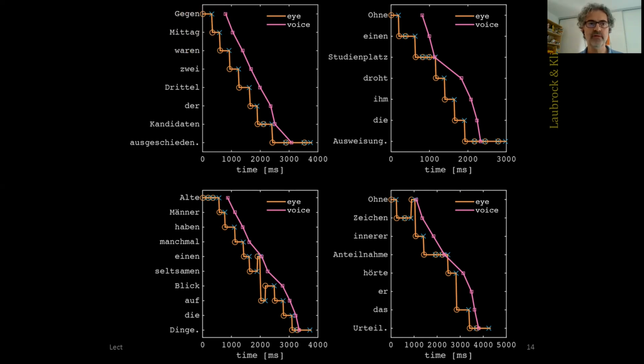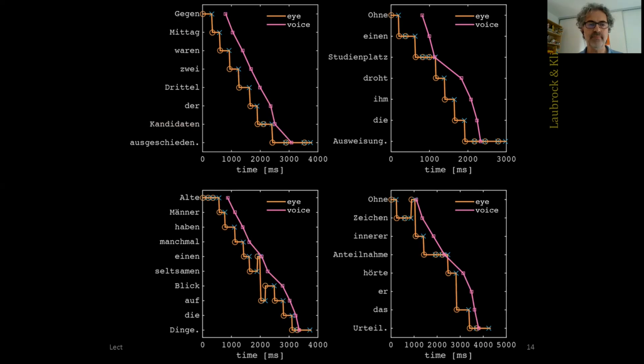And from that point on, in a regular reading without interruptions, we can see that the eyes jump and the voice follows, and there is an approximately 2-word distance. Sometimes the eyes need to make a refixation, for example, on this long word or this very long word, in which case the voice can somewhat catch up. There is catch up here as well.